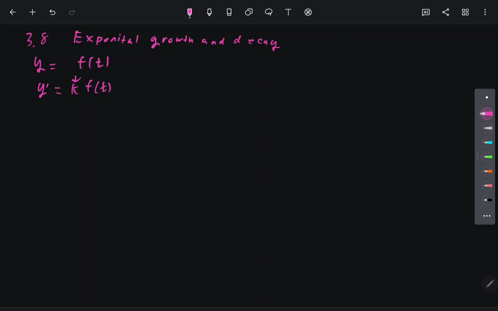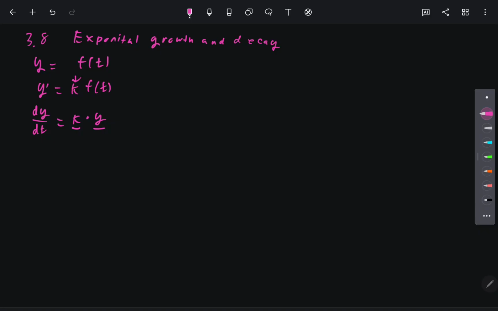So, where will we really see this? Or I suppose a more general way of saying this is the derivative of y with respect to t is equal to k times y. So the derivative of the function y is equal to a constant times the original function.